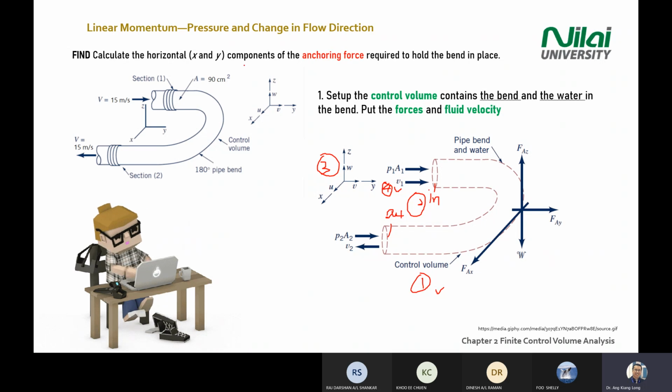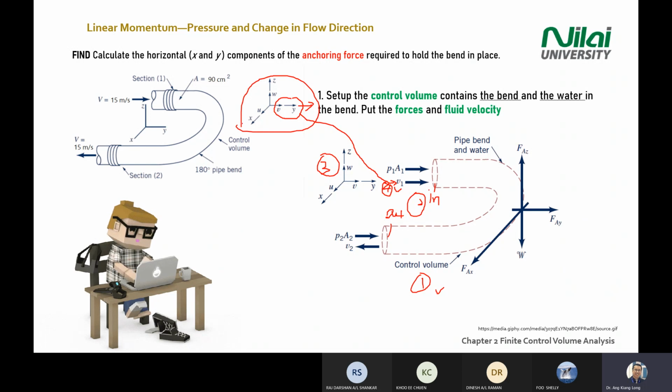It's because your Y direction is in this direction, so that's why you are using V and not U and not W. Because the flow is referring to this axis here, and the flow is going in along the y-axis, so you are using V rather than U or W.